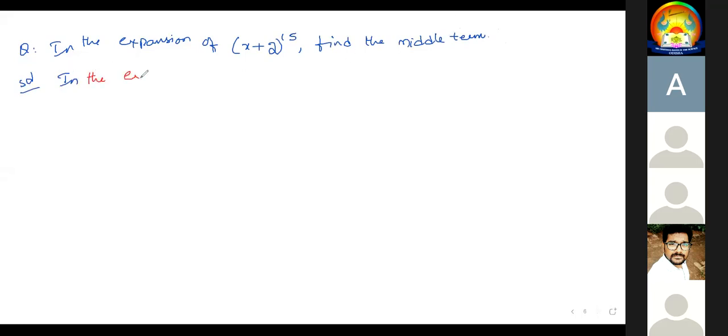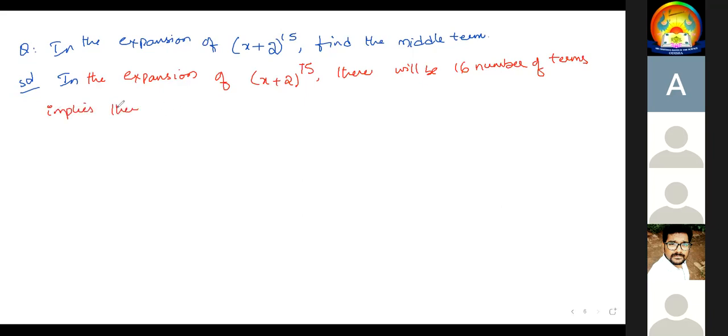In the expansion of (x plus 2) whole power 15, there will be 16 terms. Since 16 is an even number, there are two middle terms.